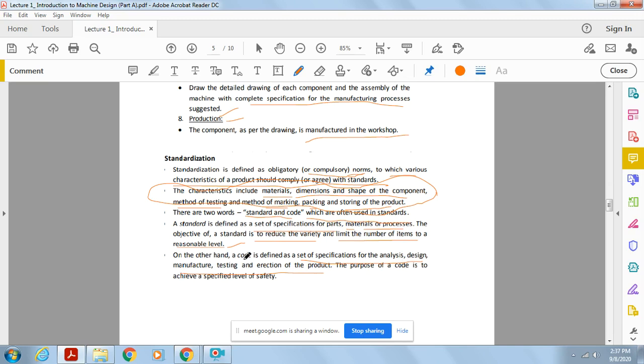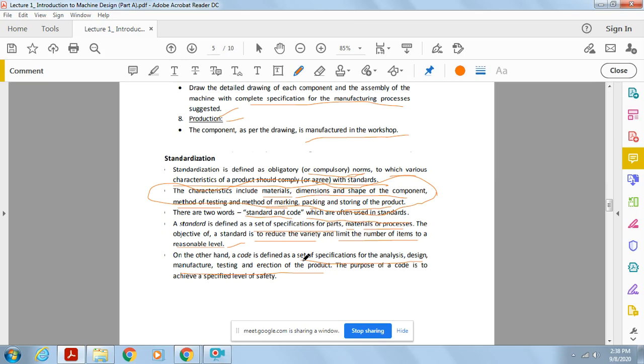The IS standard is the first one, and the IS code is the second one. The IS code defines the set of specifications on the analysis part, the design part, the manufacturing part and the testing part. Testing means whether it can be accepted quality-wise.